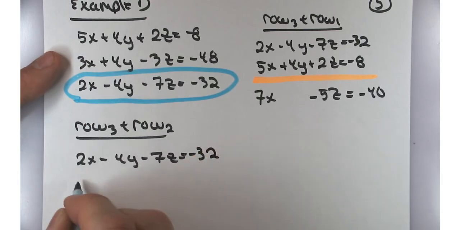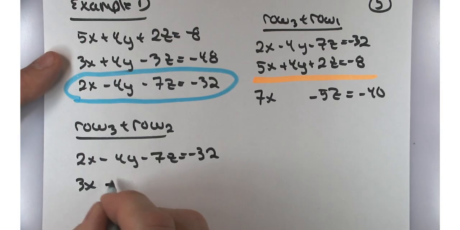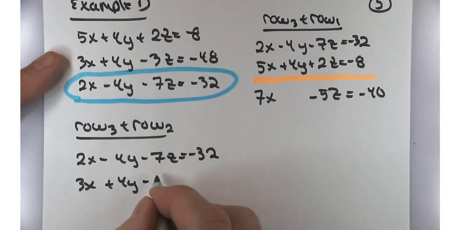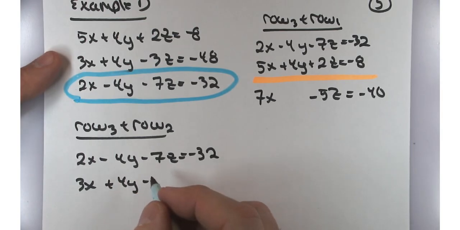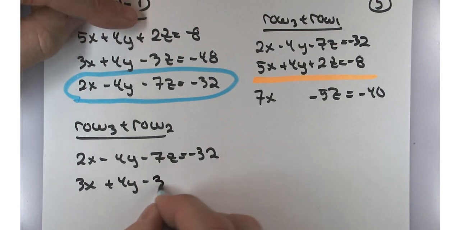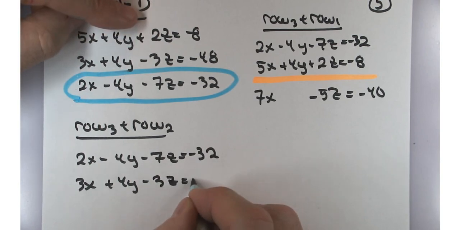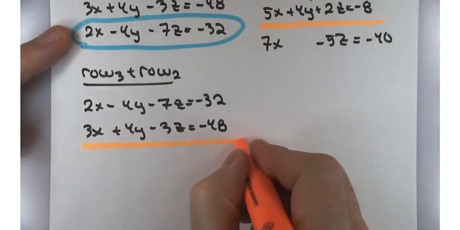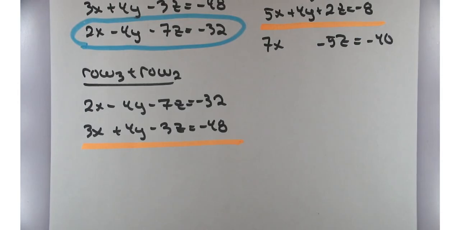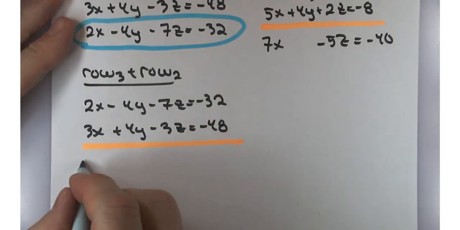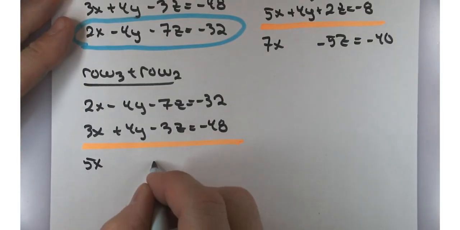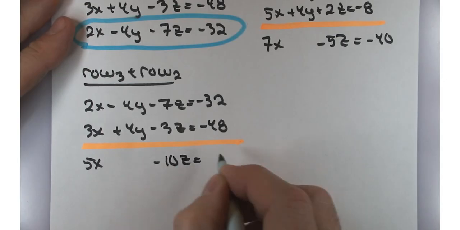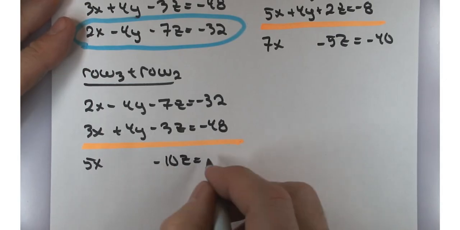This time added to 3x plus 4y minus 3z equals negative 48. Let's combine those. I get 5x minus 10z equals negative 80.